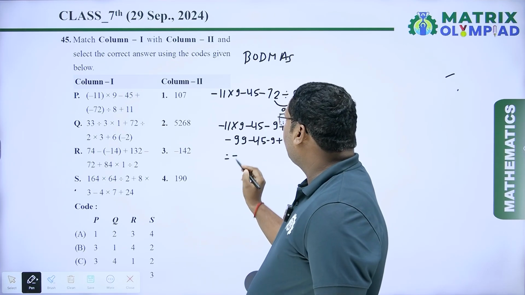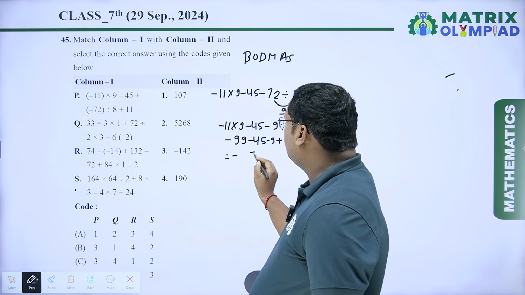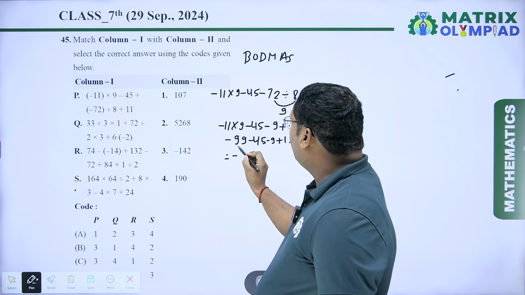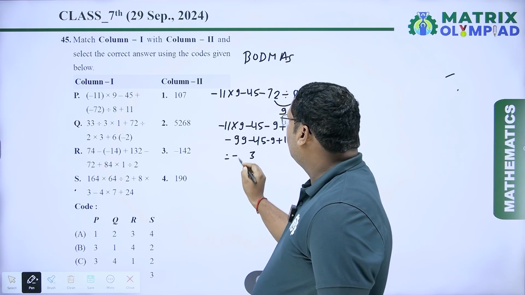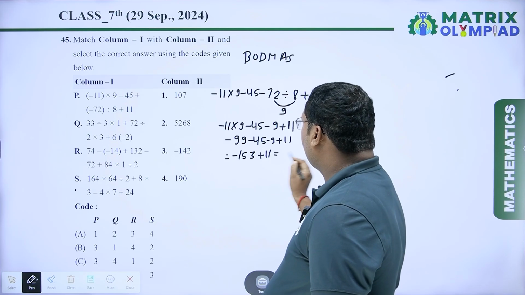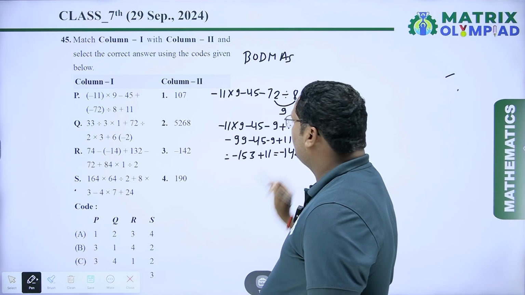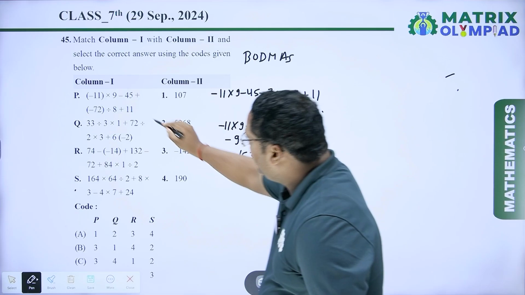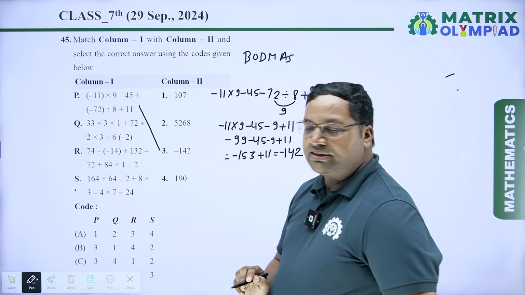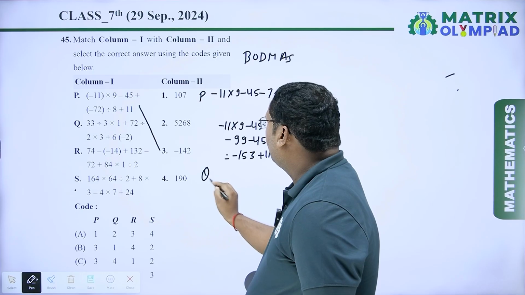So we will get minus 9 plus 5 is 14, 14 plus 9 is 23 and carry 2. 9 and 2 is 11, 11 plus 4 is 15. So it is minus 153 plus 11, and we will get 3 minus 1 is 2, 5 minus 1 is 4, and 1. So we will get minus 142. So the third is matching for P.